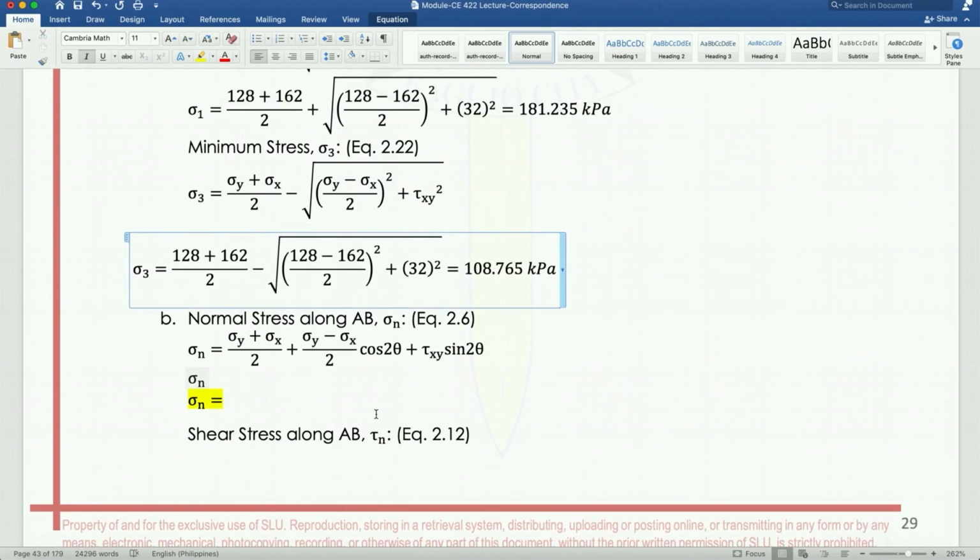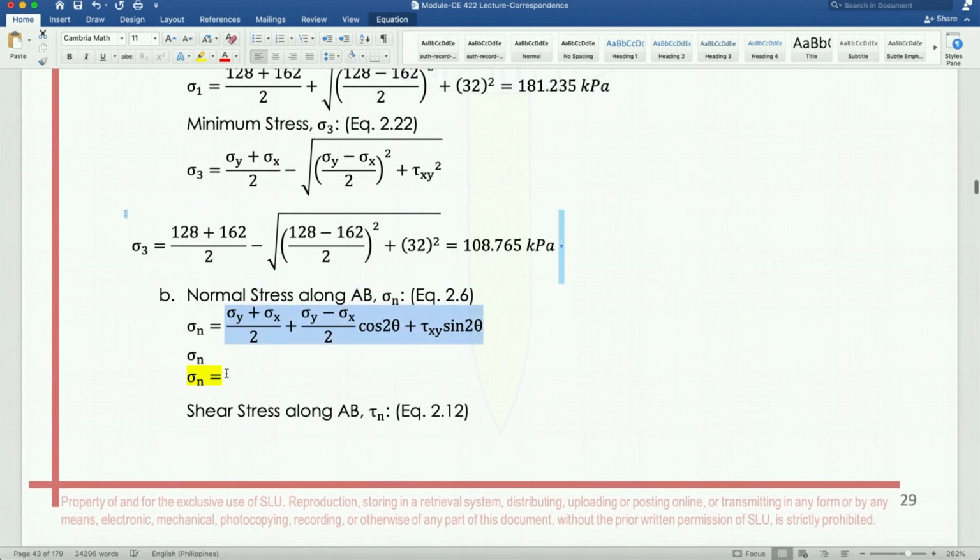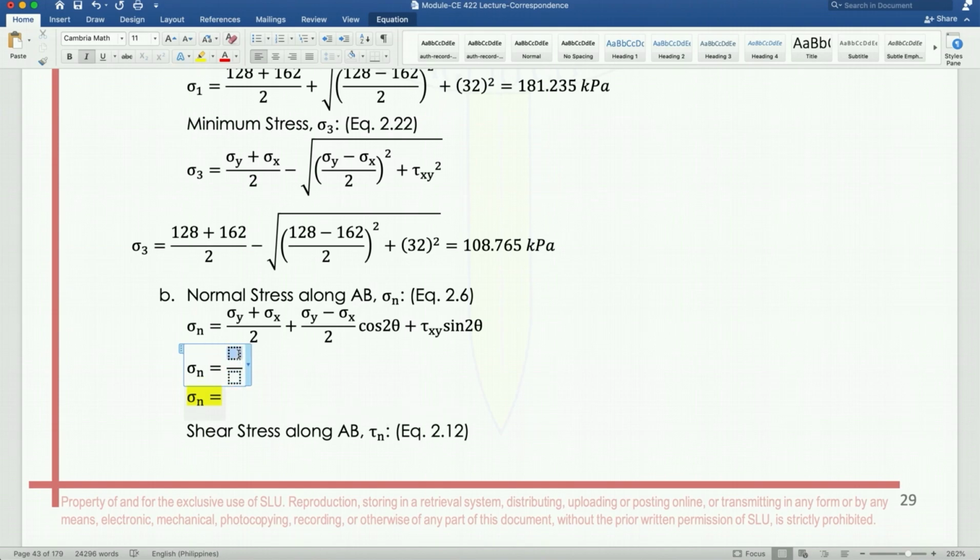So using those equations, here is our equation. Now let us substitute our values. So sigma n is equivalent to sigma y, which is 128, plus 162 over 2 plus, copy it so we don't take long typing because they are just the same, but don't forget to subtract, 128 minus 162 over 2, and we have here cosine.